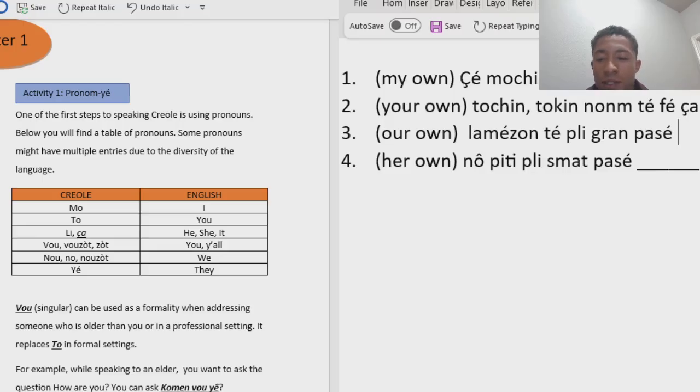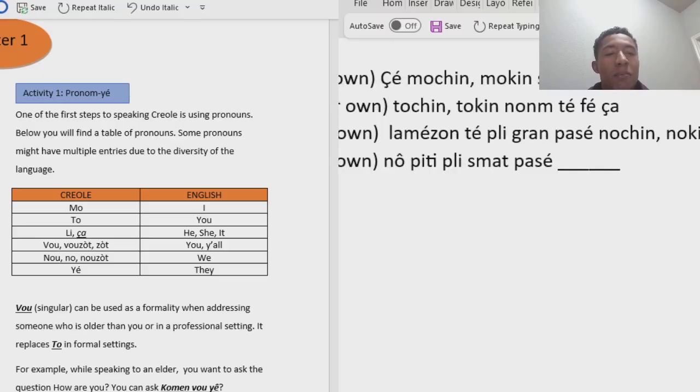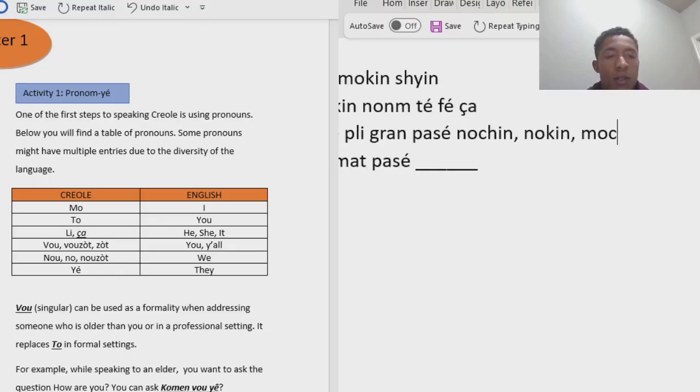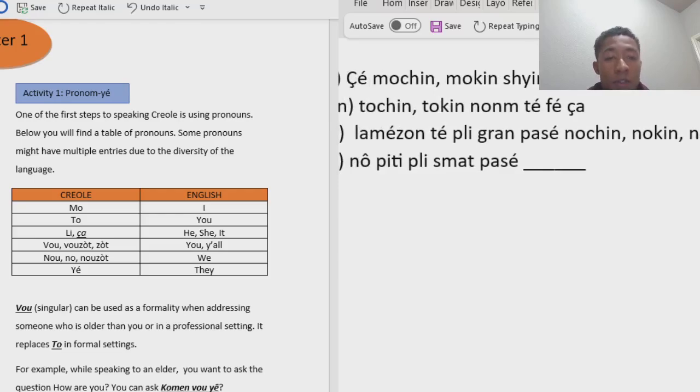Yep, y'all are correct. No chien or no can. La maison t'est plus grand passé no chien. La maison t'est plus grand passé no can. Or even mon chien and mon can. No chien and no can, my bad. Due to la maison being feminine. So the house is bigger than ours, or the house is bigger than our own.